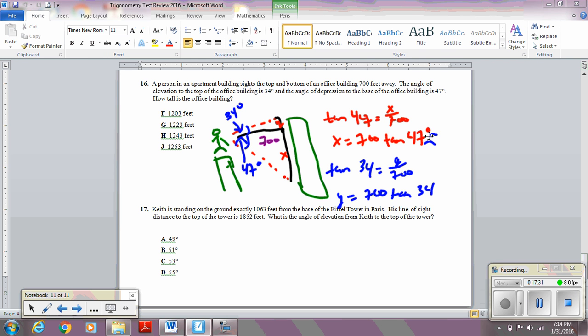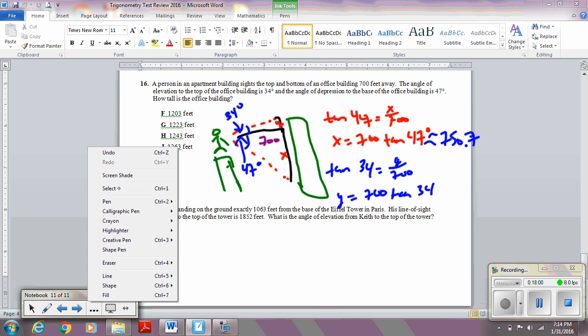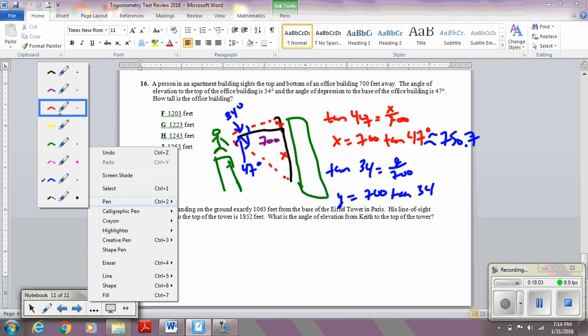700 times tan of 47 first is 750.7. And now we're going to control or second and enter.